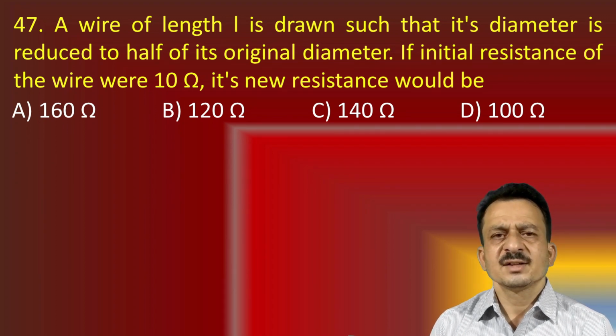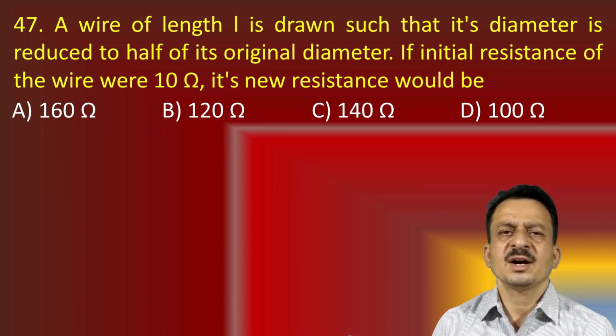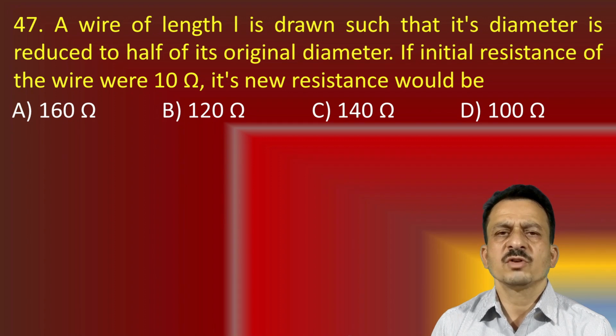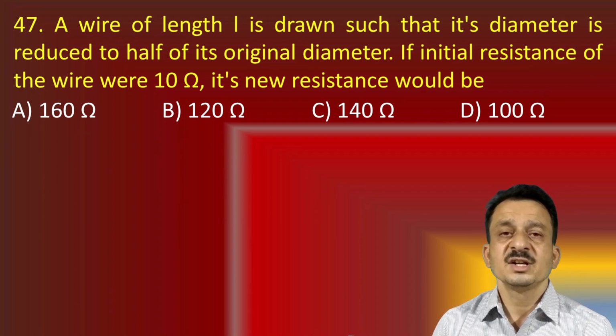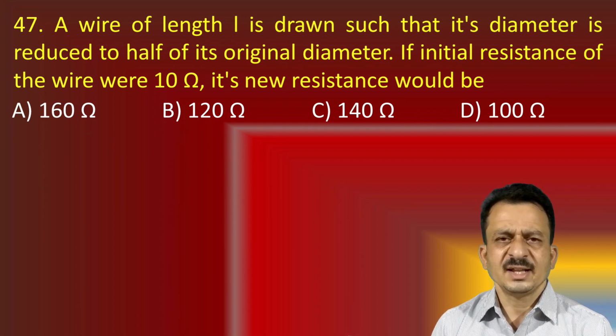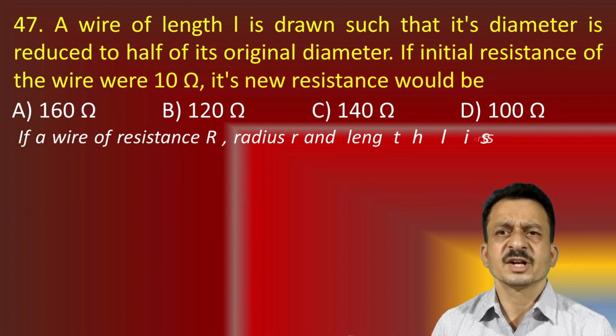While discussing the important points earlier, we noted that if a wire is stretched so that its diameter or radius reduces to half, or 1/nth of its initial radius, then its length increases by n square, but its resistance increases by n to the power of 4 times the initial resistance. Now this is the condition.